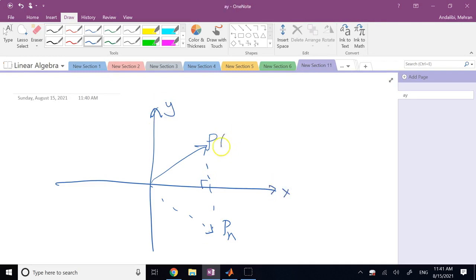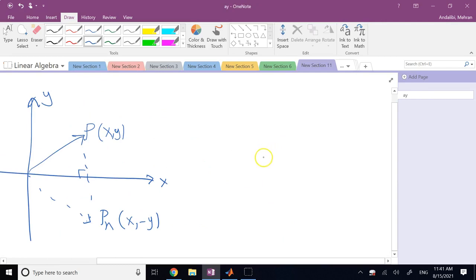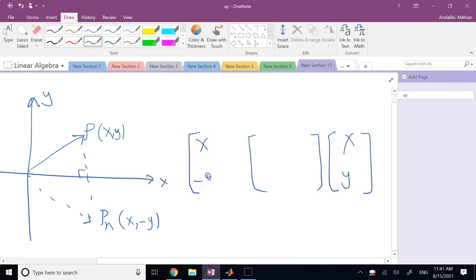Well, what do I need? If the coordinate of this point is x and y, the coordinate of this is clearly x and negative y. So what should I multiply by point x and y to convert it into x and negative y? That's the question, right? To do a reflection with respect to the x-axis.